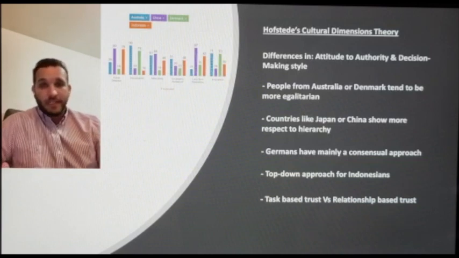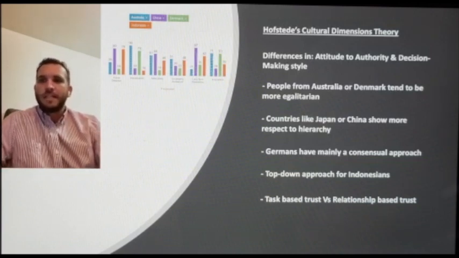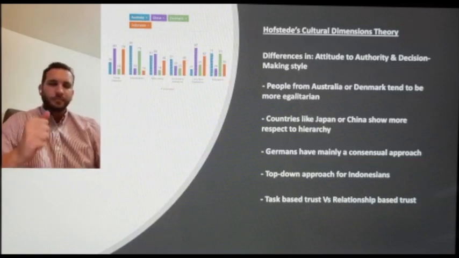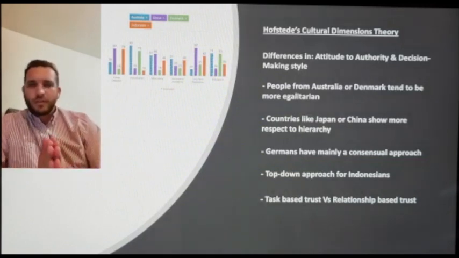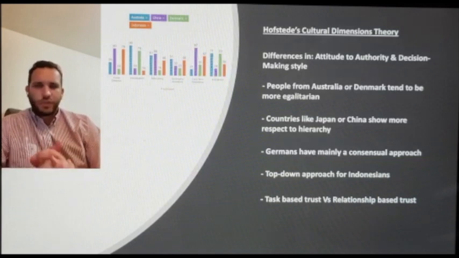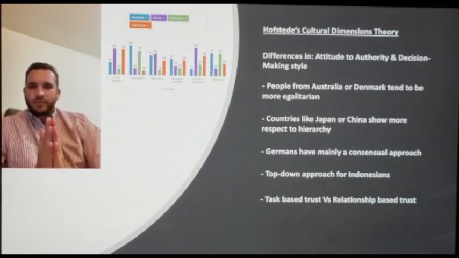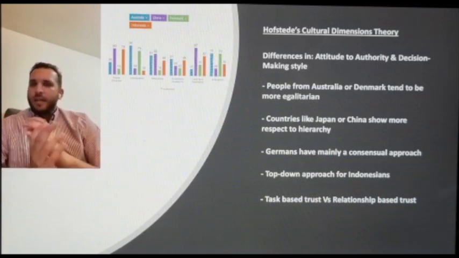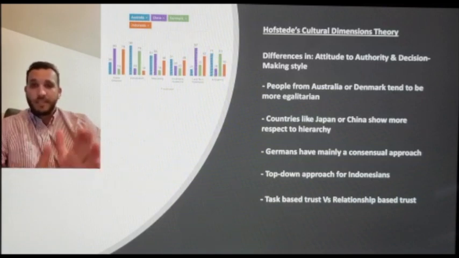Another interesting chart we saw was about the trust the different countries have. Some are more task-based, like Germany. They want to have the project done. They believe in the project, and they only put trust in the business activities.